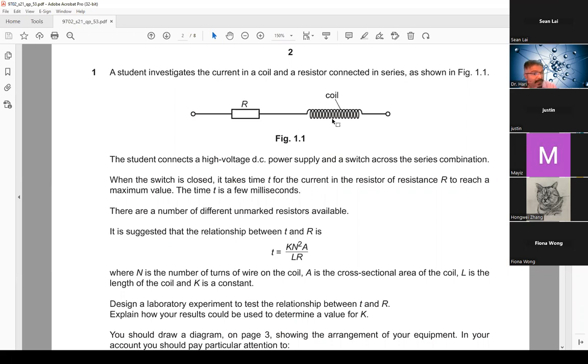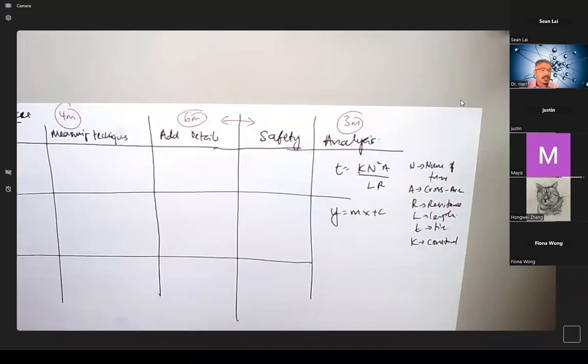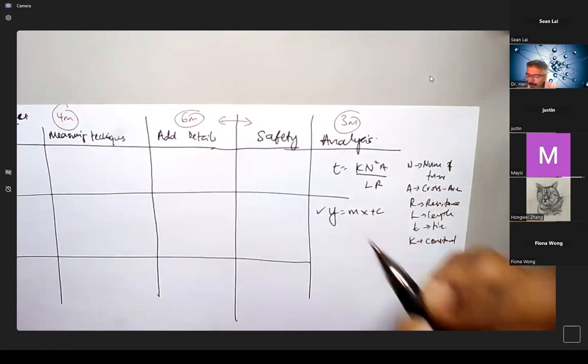Now, you have to think about how you measure the time. Do we measure using a stopwatch? Is it very, very short, or is it very long? Okay, we need to think, right? Is the time measurable or not? Do we use a stopwatch, or do we need to use some other method? So we compare with these.